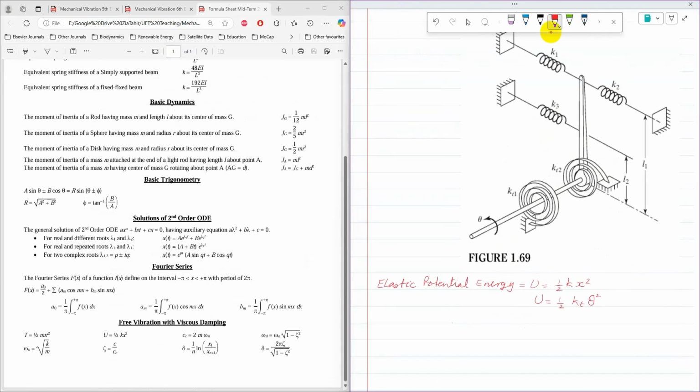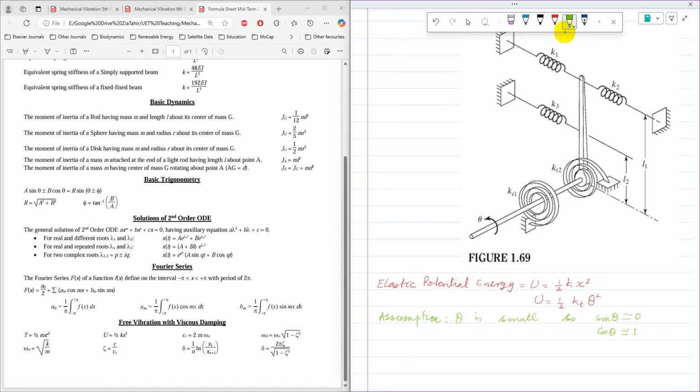Elastic potential energy in the case of a linear or translational spring is half k x squared, and in the case of rotational springs it is half kt theta squared. Here k is the spring stiffness and kt is the torsional spring stiffness. x is the displacement in the translational direction, and theta is the rotational displacement.